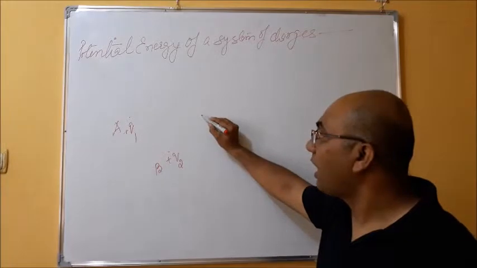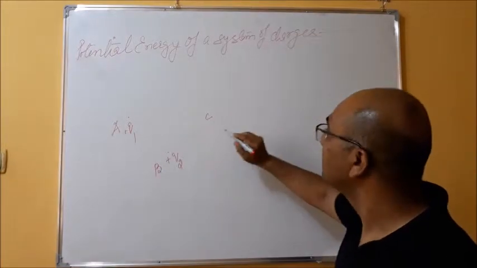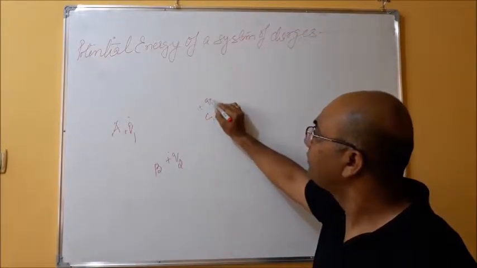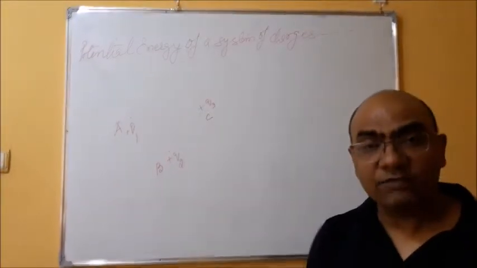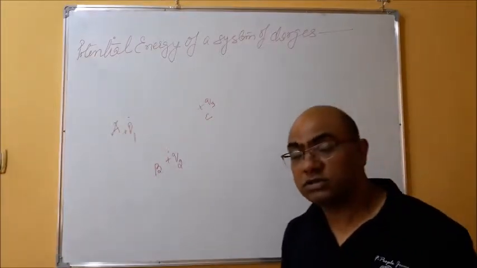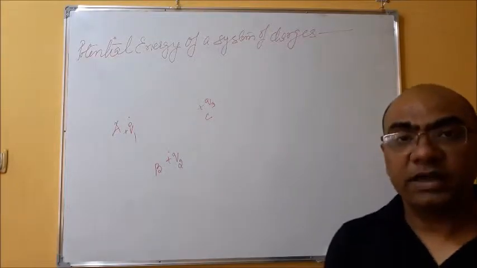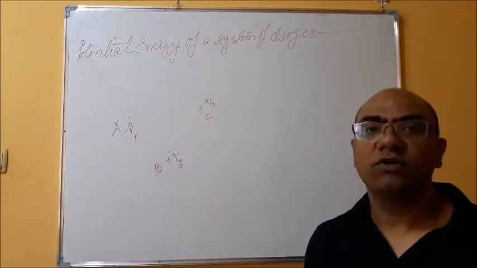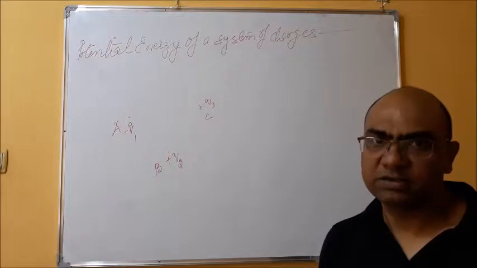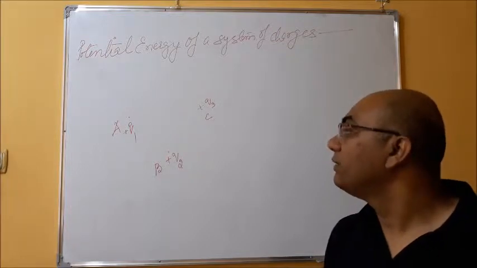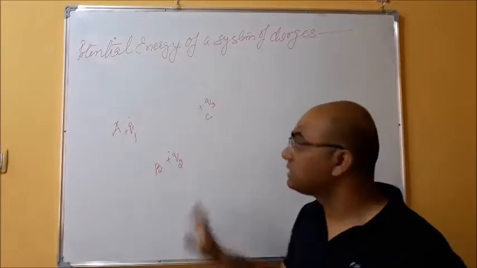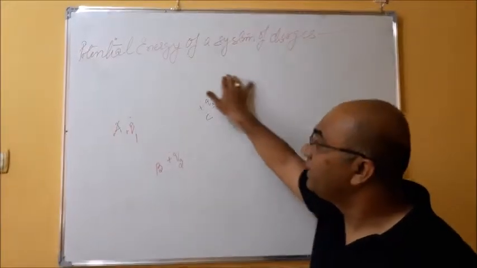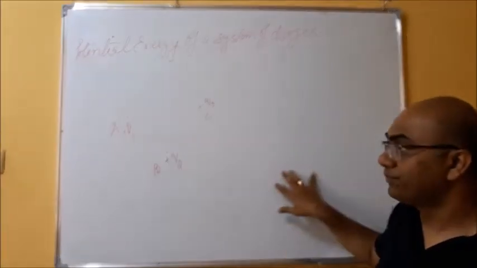Now I am saying I have a system of charges, meaning in place of 2 we have 3, or we can have more than 3. So I'll give you the derivation, the concept, for 3 charged particles, and the same can be used for any number of charged particles, right? So this is A, B, C, and A, B, C are such that we are bringing these into a system.